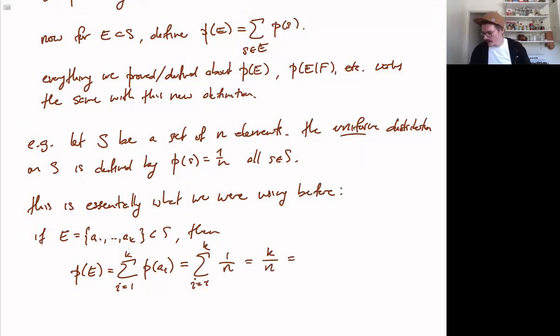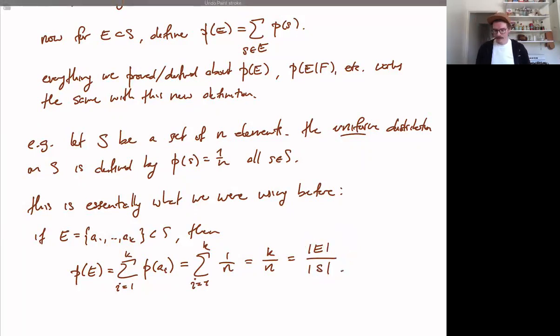And that, of course, is, k is the cardinality of E, and n is the cardinality of S. So we recover our old definition of probability. So we can think of distributions as essentially being this kind of generalization of how we were talking about probability before. Before, we were restricting ourselves to working with uniform distributions, and now we are allowing ourselves to define new, more complicated distributions.